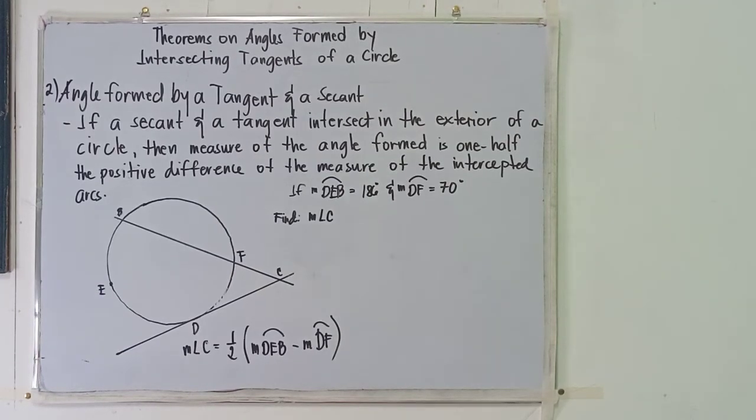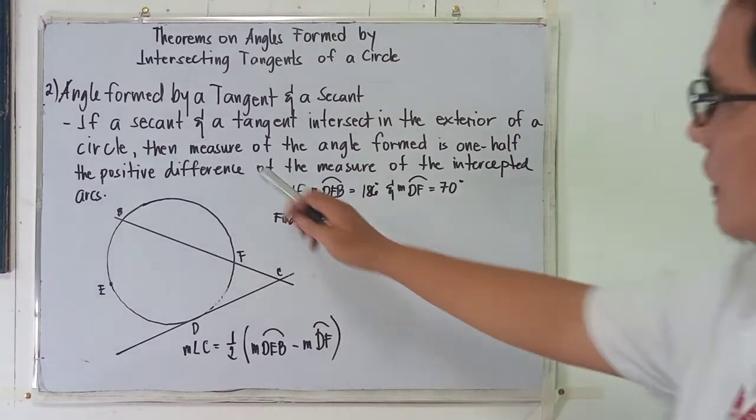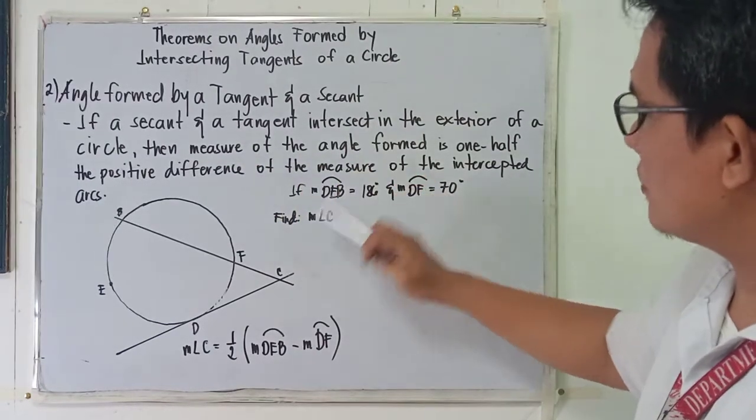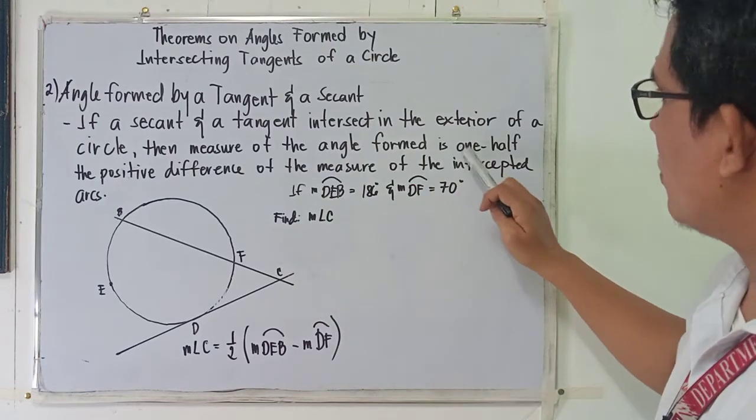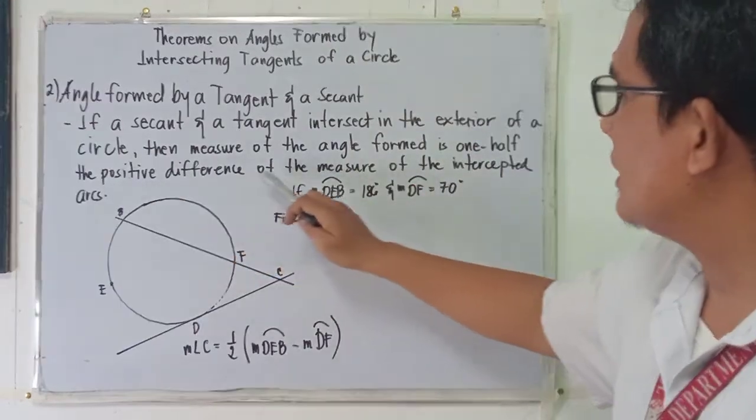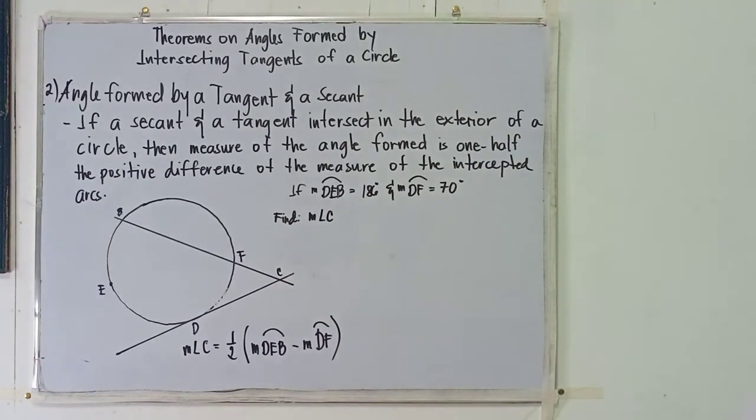For our theorem number 2, the angle formed by a tangent and a secant. We have two kinds of lines that intersect outside of the circle, a tangent and a secant line. The theorem says that if a secant and a tangent intersect in the exterior of a circle, then the measure of the angle formed, this angle here, is 1/2 the positive difference of the measures of the intercepted arcs.